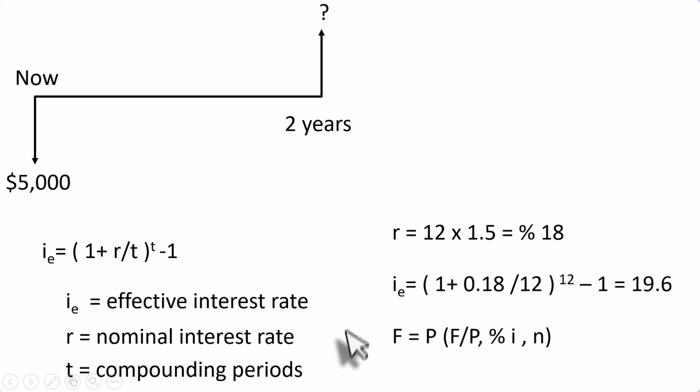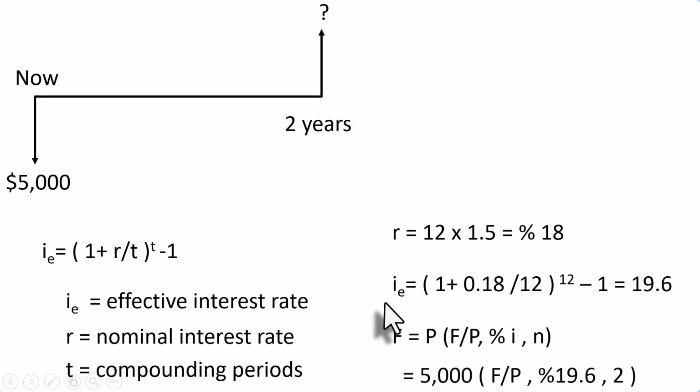Now, going back to our formula, now that we have calculated the correct i, we can insert the data into the formula, which is going to be like this. The future value is equal to the present value of 5,000 multiplied by the factor F/P, 19.6%, which is the effective yearly interest rate.